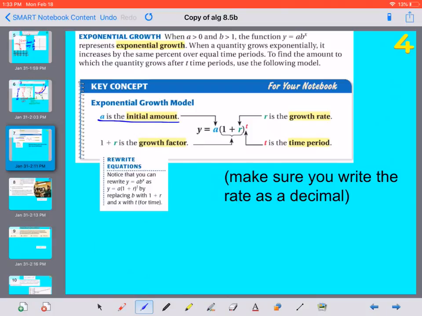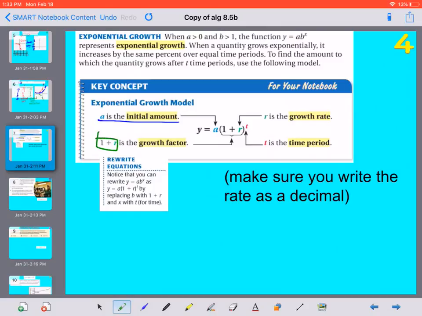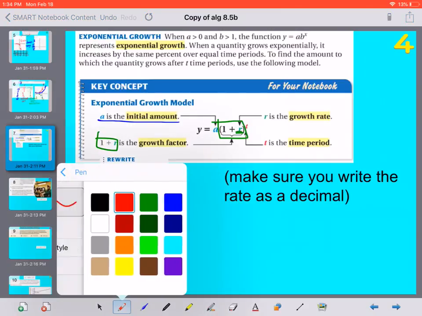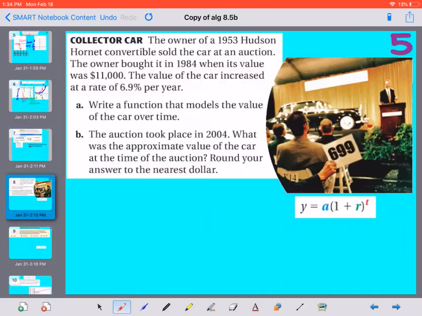A is where we start, just like before. 1 plus R, that whole thing, is the growth factor. R is the growth rate, and T is the time period. We are going to make sure that we write our rate as a decimal when we try these problems coming up. So let's give it a try here.